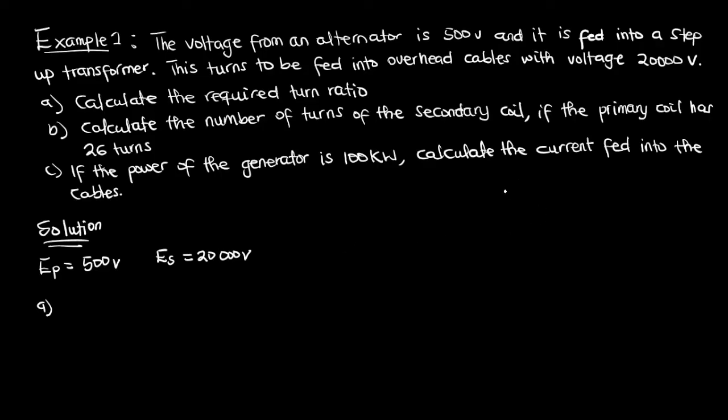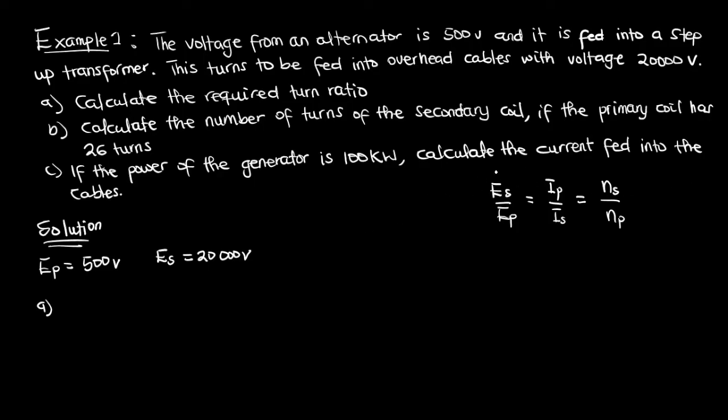Okay, so A, we are to calculate the required turn ratio. In our previous video on transformers, we said that the ratio of the secondary voltage to the primary voltage is equal to the ratio of the primary current to the secondary current, which is also equal to the number of turns in the secondary coil to the number of turns in the primary coil. This is the expression that we have.